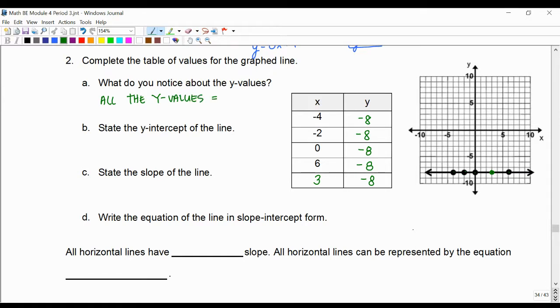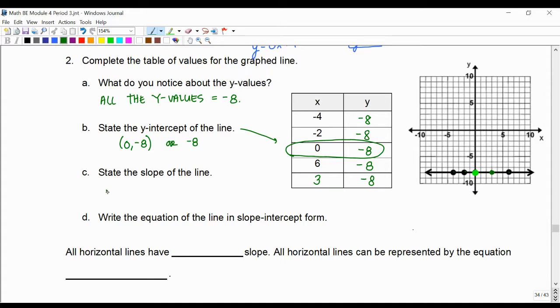Well, again, every point on this line, all the y values are -8. Our y-intercept is right here. You can also spot it on our graph. It's right there where the line crosses the y-axis.